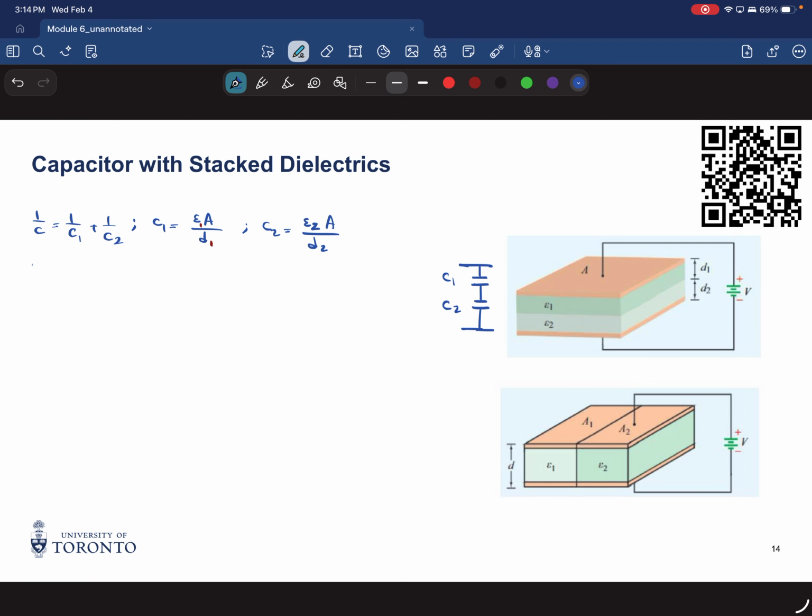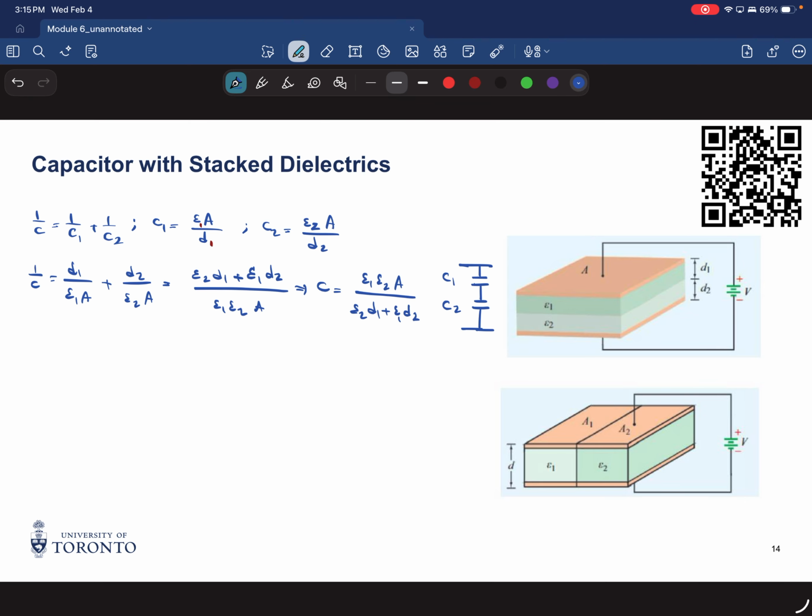Then our total 1 over C is going to be D1 over epsilon 1 A plus D2 over epsilon 2 A. And that is going to be, nope, that is going to be epsilon 2 D1 plus epsilon 1 D2 over epsilon 1 epsilon 2 A. And the total capacitance is going to be epsilon 1 epsilon 2 A over epsilon 2 D1 plus epsilon 1 D2.